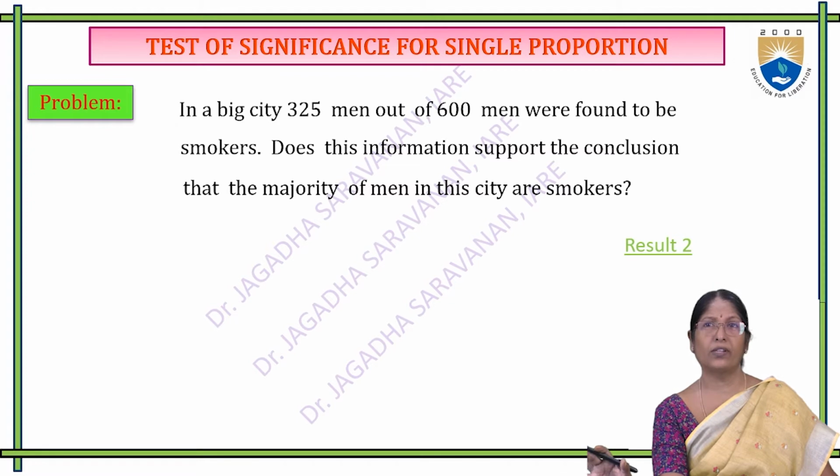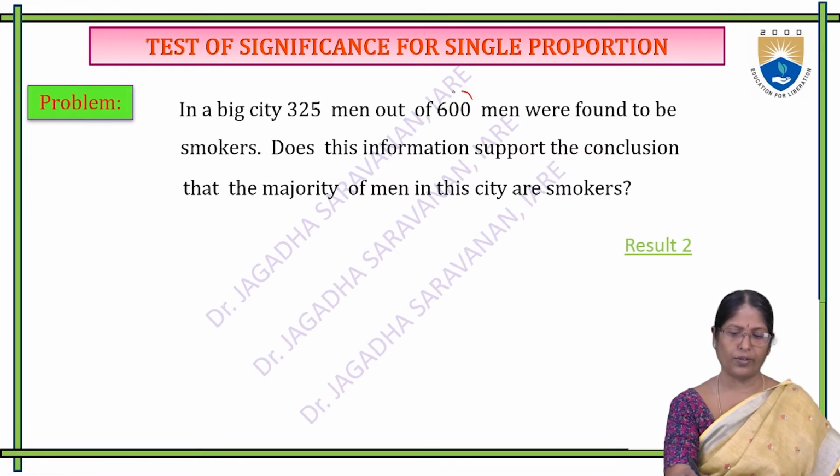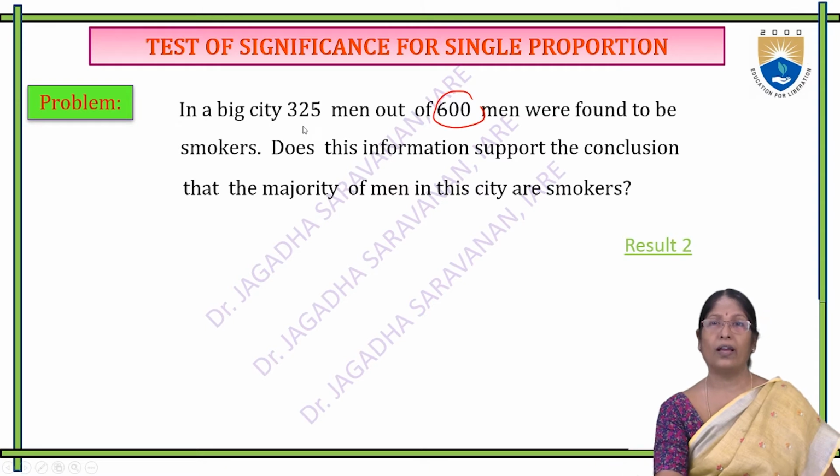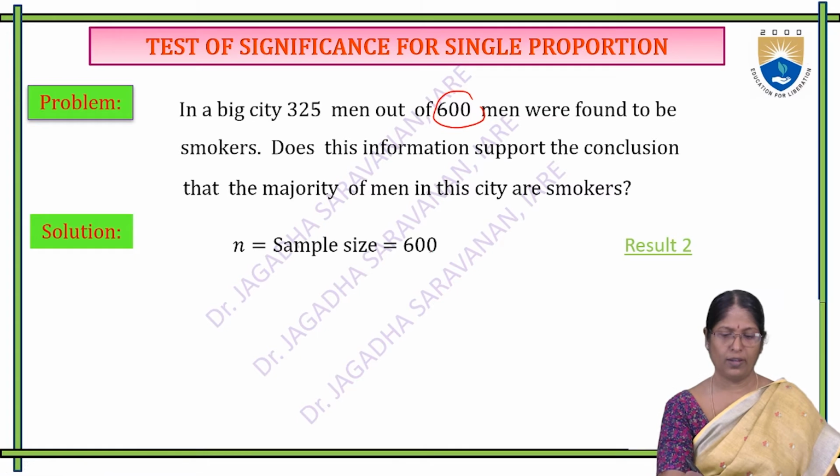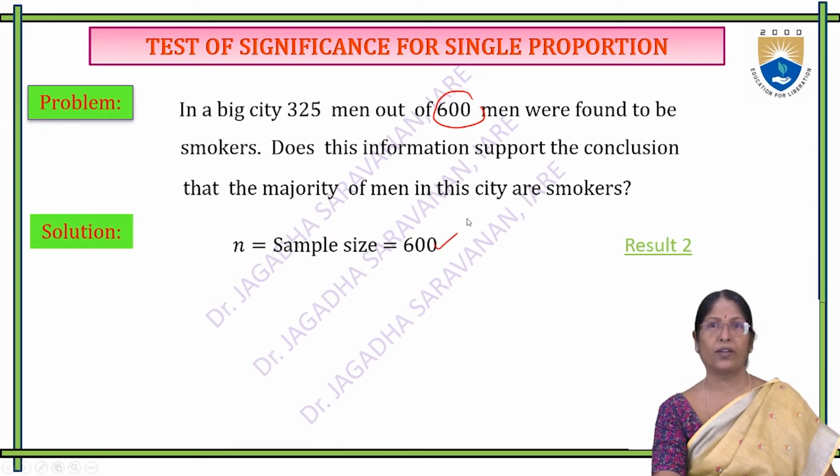So the question is now, we have to pick the proportion. Out of 600, 325 men are smoking. So n equal to 600, that is the sample size. The next one, number of smokers, 325.